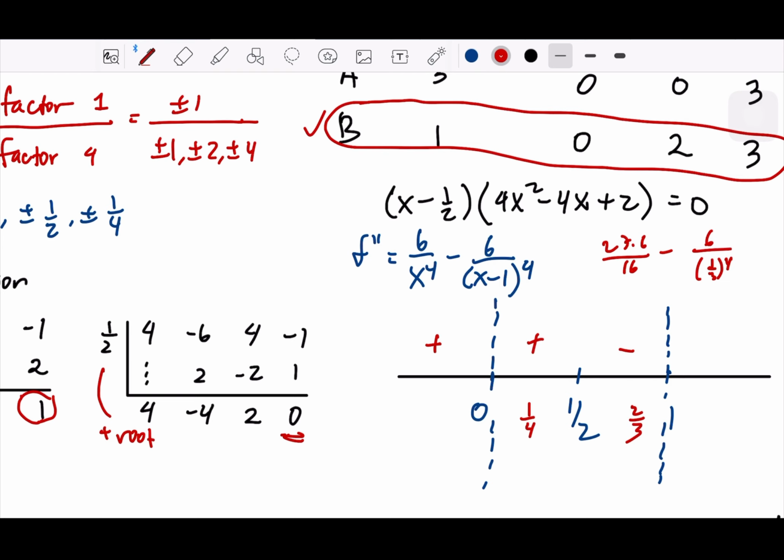And if you check x equals 2, it will be 6/16 minus 6, which is negative, right? It's negative. Which means this is going to be concave upwards, concave upwards, concave downwards, concave downwards.